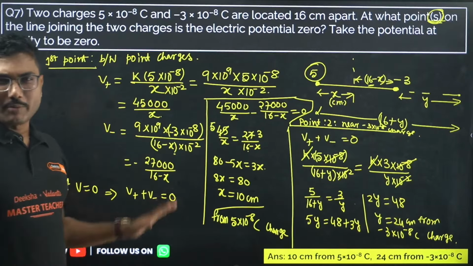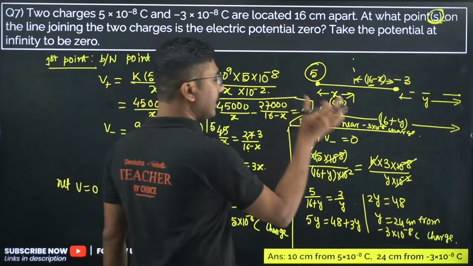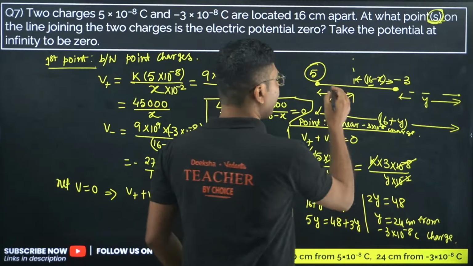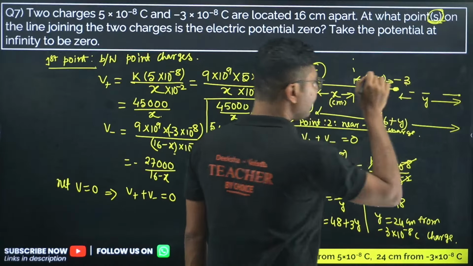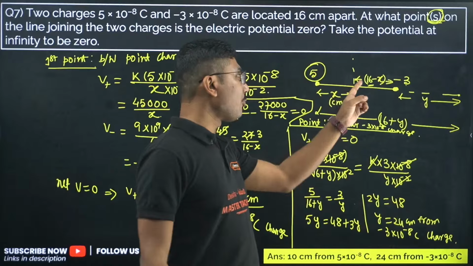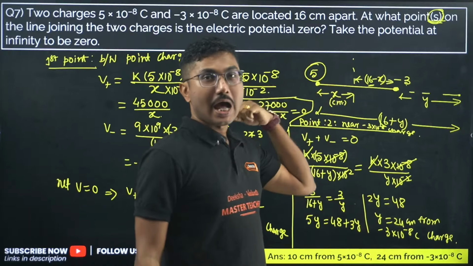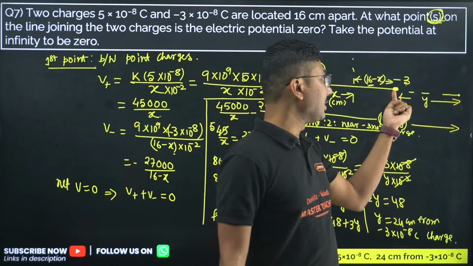Anyway, this is an easy problem, mathematically easy, not super difficult. First of all, let me explain once more. Two charges are there, one positive, one negative, so electric potential will be 0 at 2 points. One point will be between the charges and the second one will be near the smaller charge.